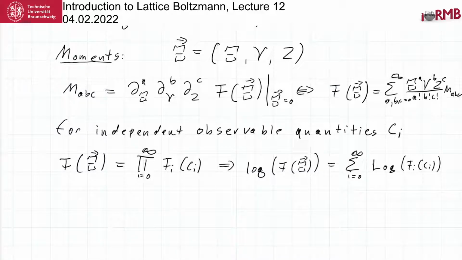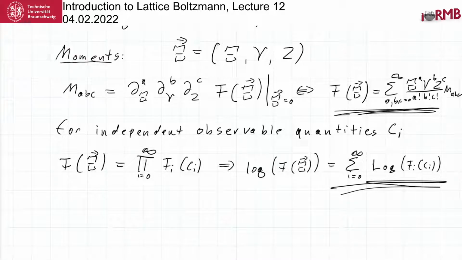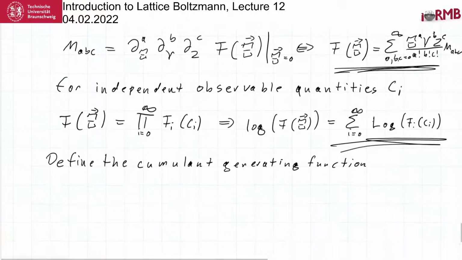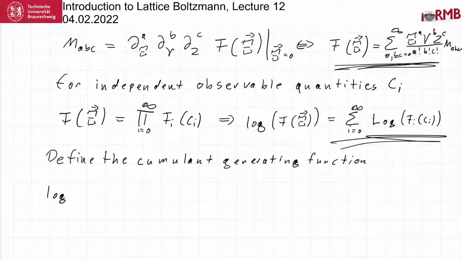Okay, so then we have the thing in the same form. Both here we have a sum and here we have a sum. And now we can define this as the so-called cumulant generating function, which we simply define as the logarithm of the moment generating function.